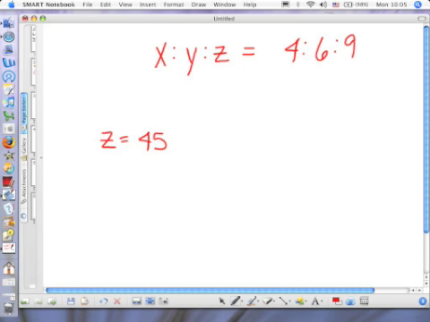You'd multiply them by 5, because if 4 represents X, 6 represents Y, 9 represents Z, and we've made Z 45, that means we had to increase this by a multiple of 5, right? In order to keep it in the same ratio, we have to do the same thing to the others. So, X, therefore, would equal 20, and Y would equal 30.